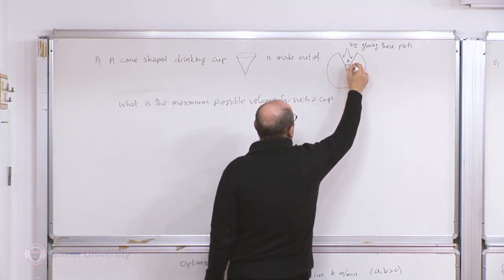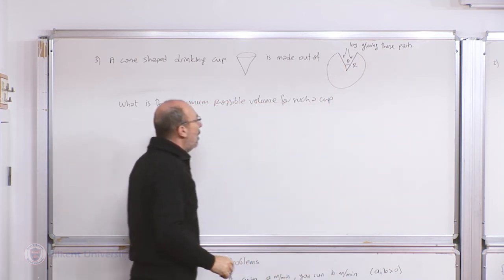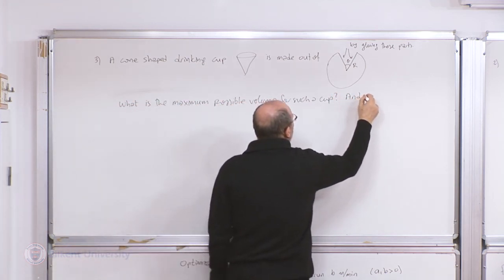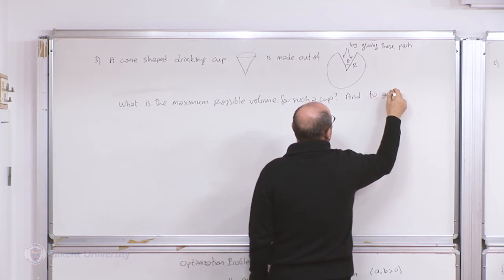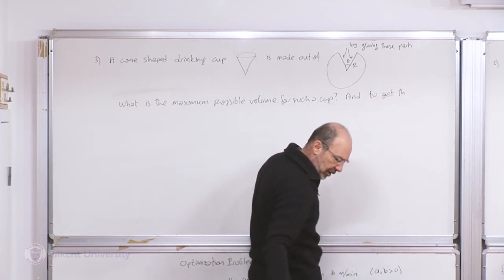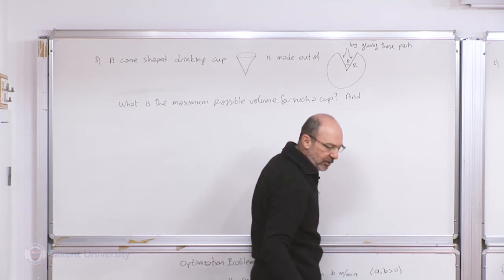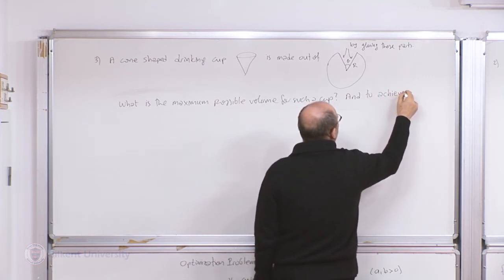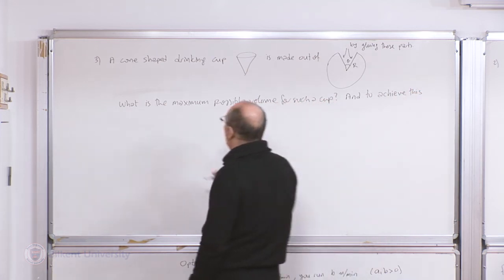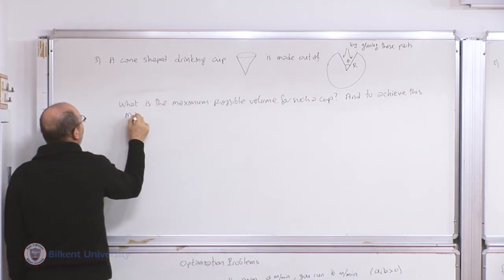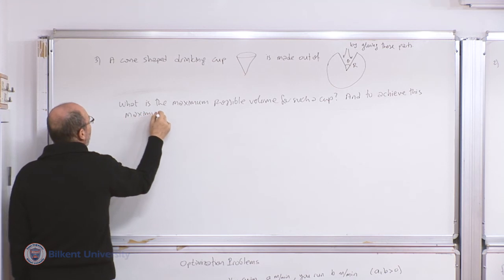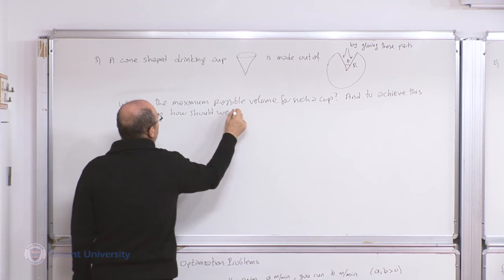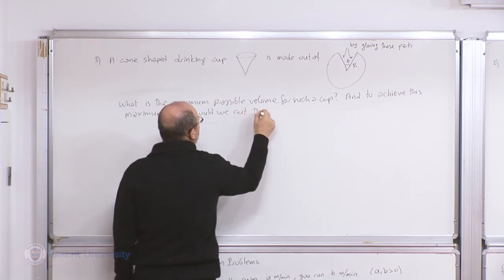Of course it should depend on R, right? And to achieve this maximum, how should we cut the disk?